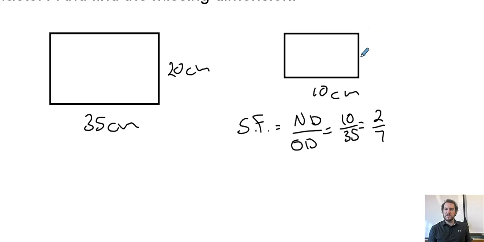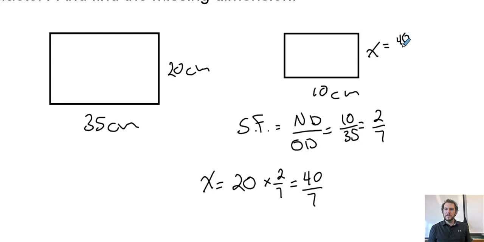To find this missing side length, let's label it x. x is going to be equal to 20 multiplied by 2/7, which is 40/7, or 40 divided by 7, which is 5.7 centimeters.